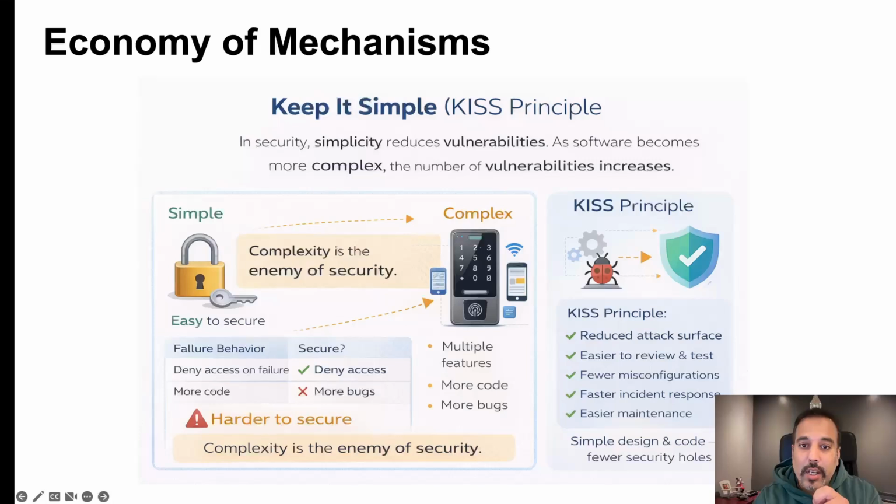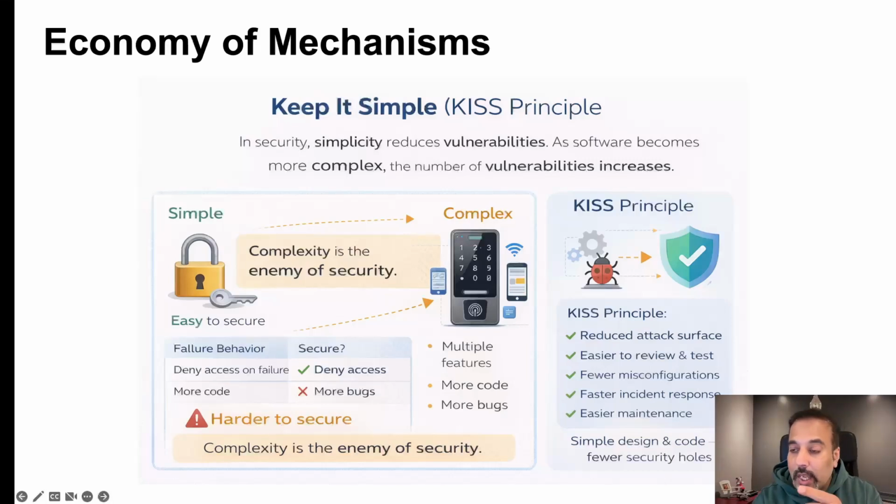You just need a key to open the lock. Whereas if you look at the smart locks, you have an app. That app is connected with the Wi-Fi, and then there is a firmware, an API. So there are a lot of layers in it, and if any of these layers is compromised, that can be a problem. That can break the lock itself.